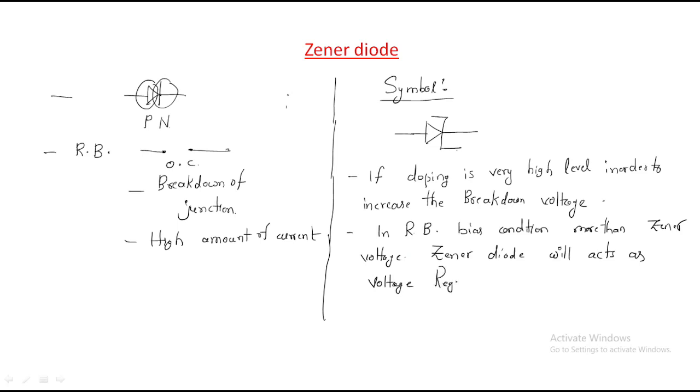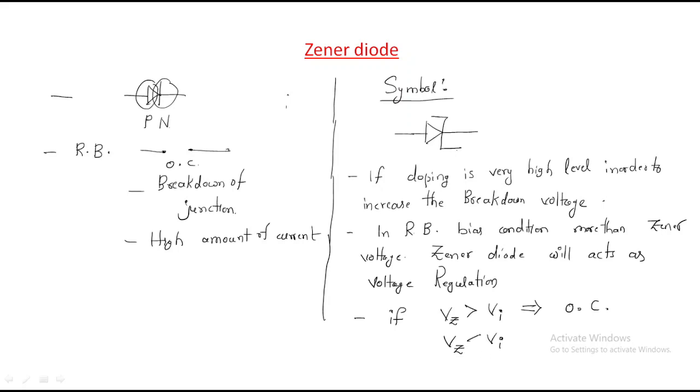That means we can simply say that if the reverse bias input voltage we give is less than the GNR voltage, it automatically acts as an open circuit.